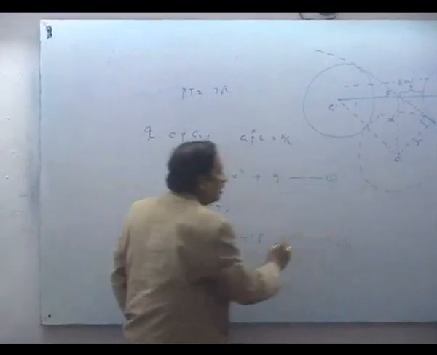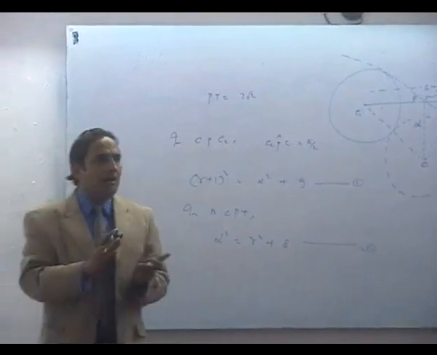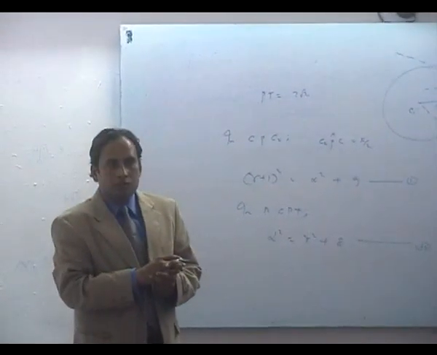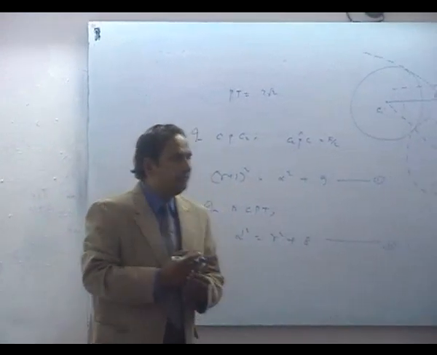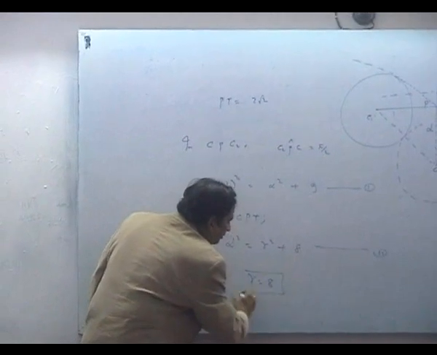Equation number 2. By solving 1 and 2, with two unknown quantities R and alpha, you can find it. So solve it first. The value of R is 8.